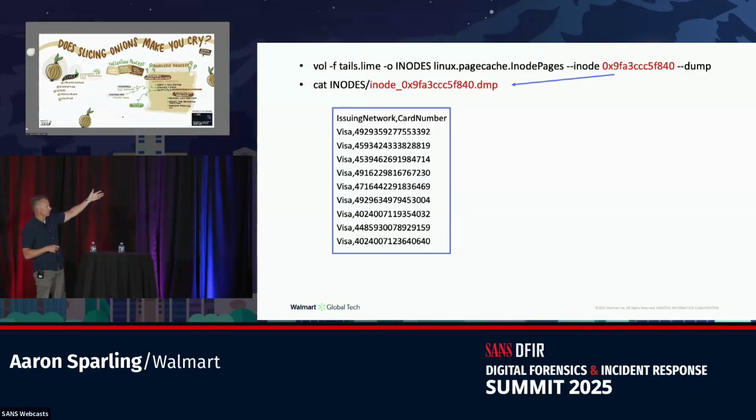I'm running this plugin, which is essentially, you remember dump files from Volatility 2.6, that's essentially what this is. Then --inode, and you have to give it the physical address of that inode, and then the --dump command, and it dumps. You can see here that it dumps to the inodes directory. I got a dump file, and you cat that dump file, and that is that credit card dump, right? That's actually really useful.